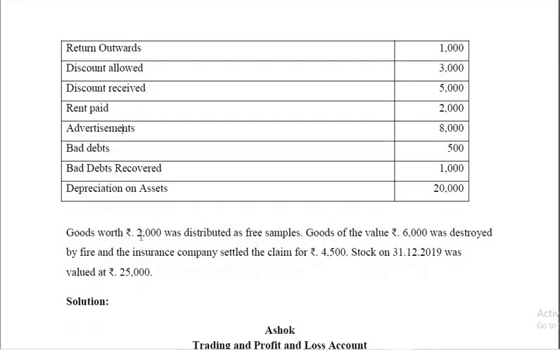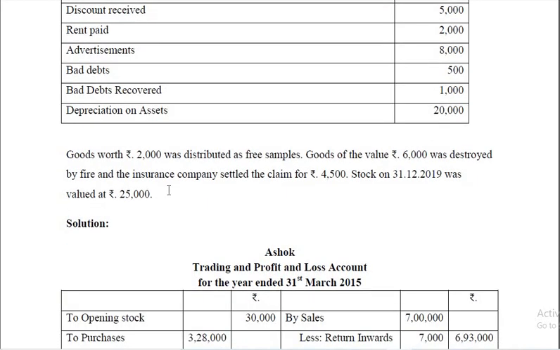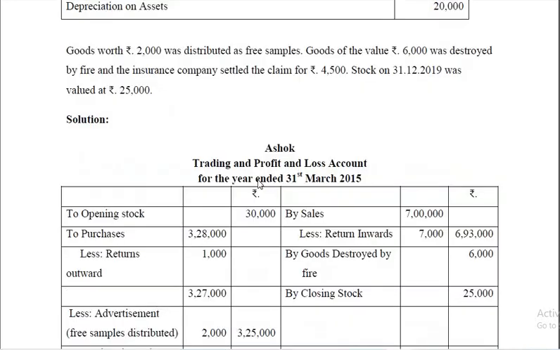Advertisement should be debited, to that 2,000 should be added. Bad debts should be debited to profit and loss account. Bad debts are nothing but debts irrecoverable, it's a loss. Bad debts recovered. First you treat the debt as bad, but later on you recover some amount from that, therefore that's an income. Depreciation on asset, so that is a loss, so that should be debited to profit and loss account. So all these things I have already explained.